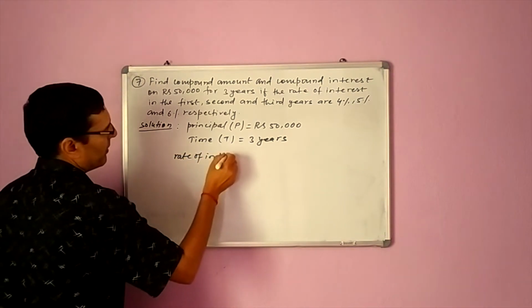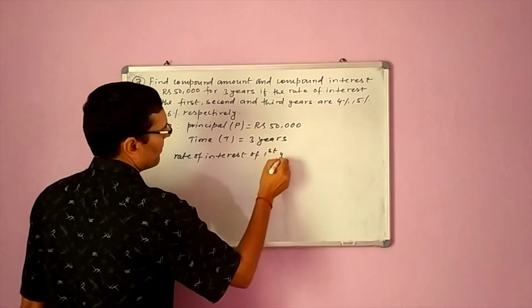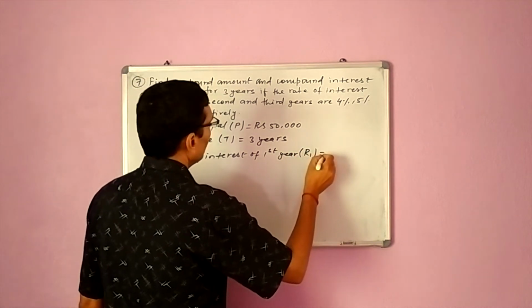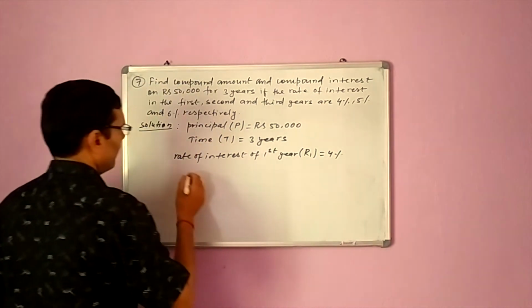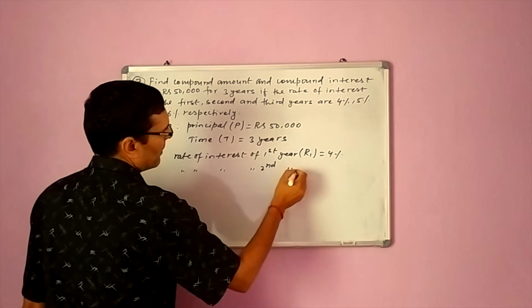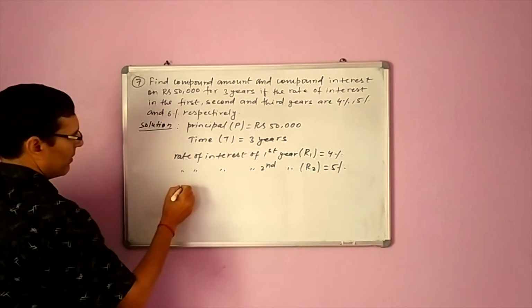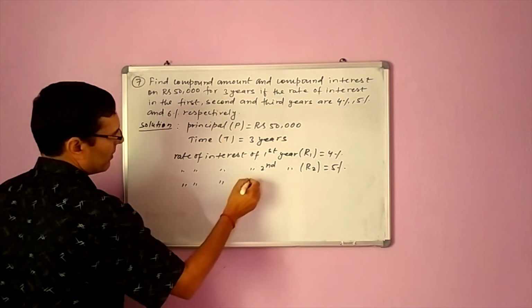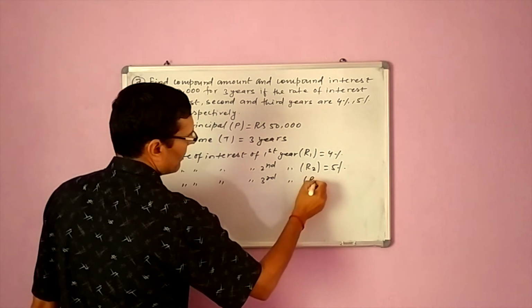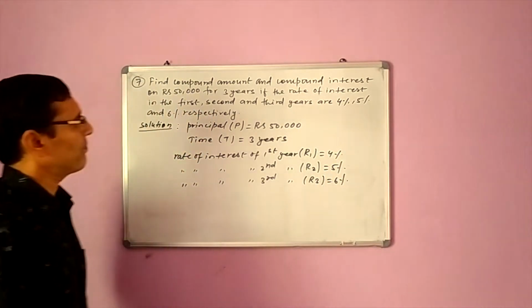Rate of interest of first year, we denote this as R1, it is 4%. Rate of interest of second year, we denote this as R2, 5%. And rate of interest of third year, we denote this as R3, it is 6%.